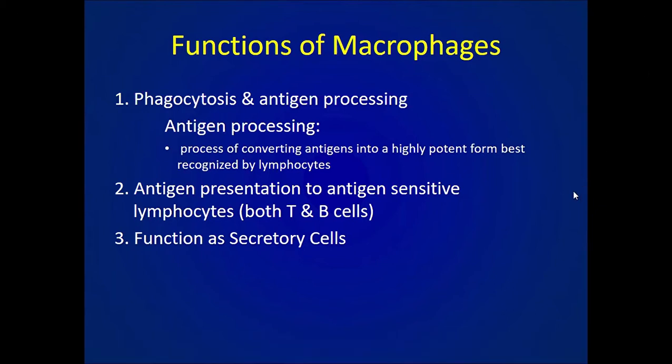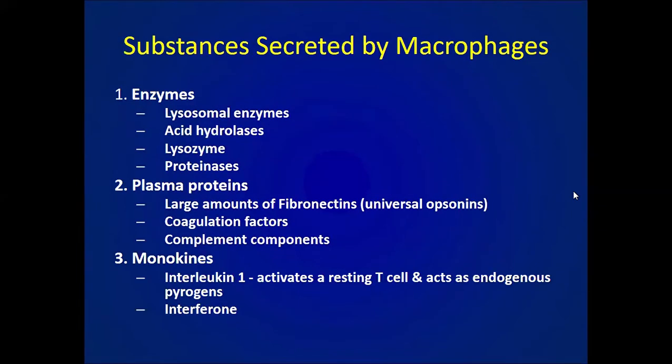And then they also function as secretory cells, because when they are activated, they are responsible for producing secretions that participate in some of the inflammatory reactions. So they produce cytokines. What are the substances produced by the macrophages in their secretions?